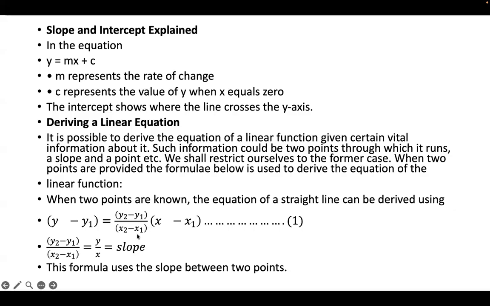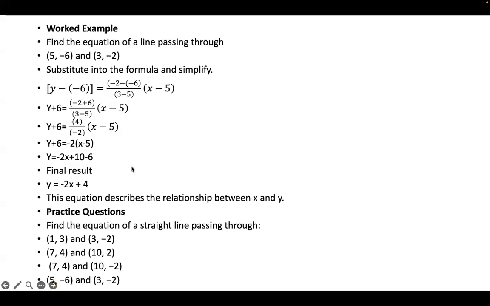The figure you get here, make sure you divide it to get the figure there. That represents the slope. So when you get the slope there, then you continue with the others. That's why after getting this, we got this side before continuing.